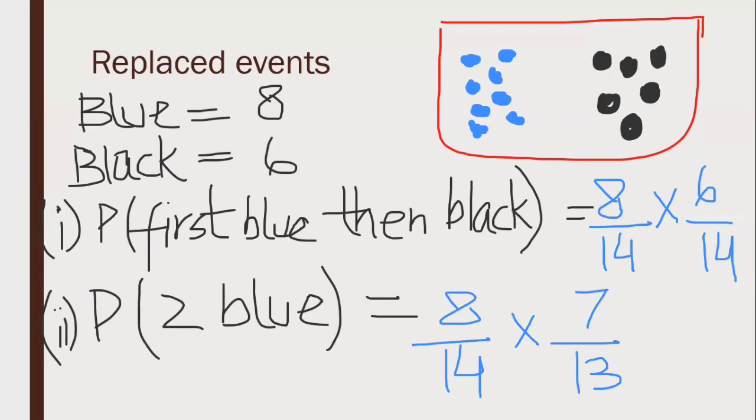Why? Because first we had 8 blue. Now, after taking the one out, we have 7 blue left, and this will give us the probability of taking out 2 blue. Why are we adding a multiplication sign in between? Because we need 2 blue one after another. So that means 1 blue and 1 blue more. So this is how you do it.